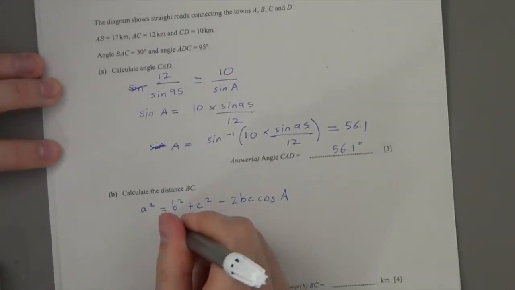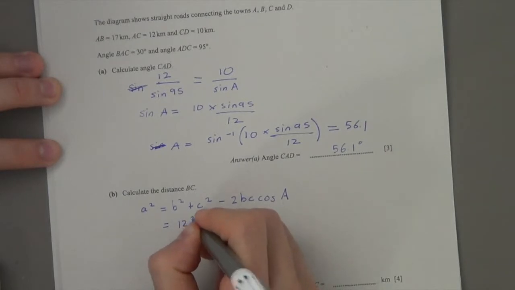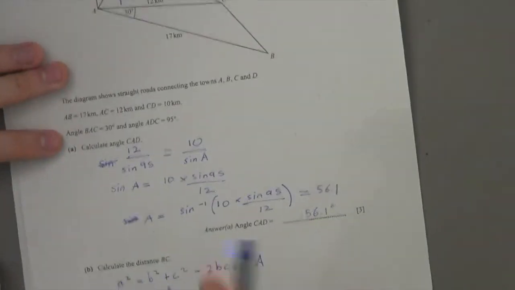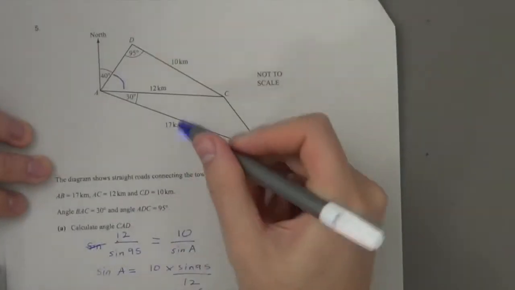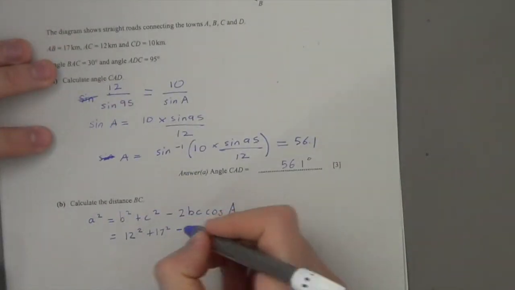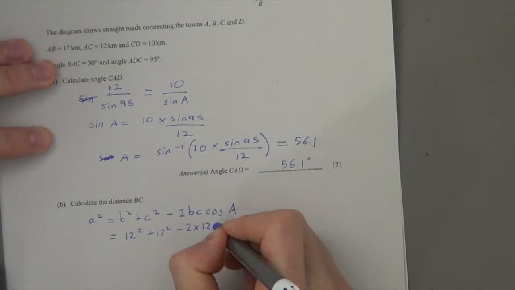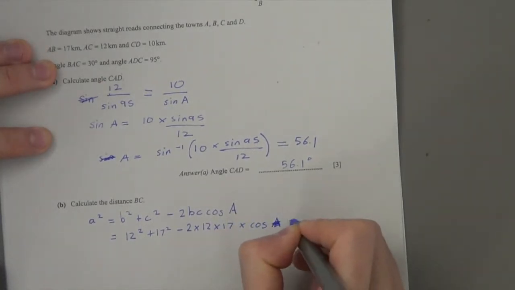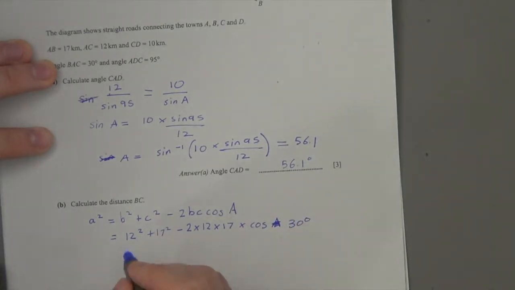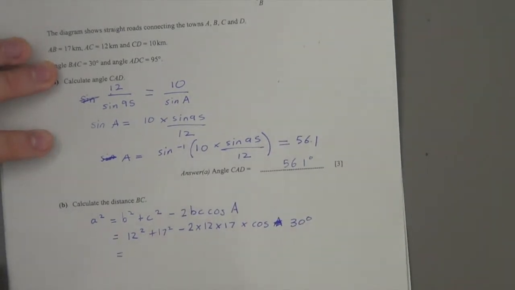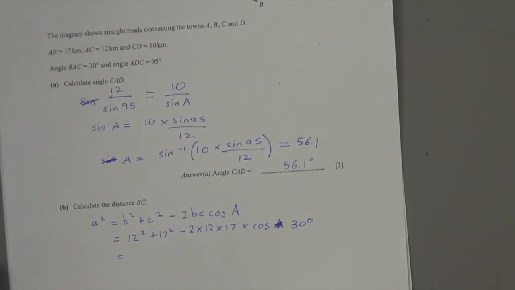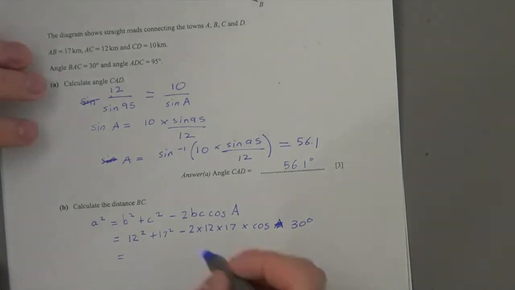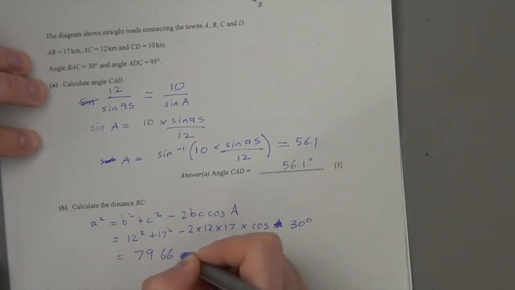Okay, so let's put in these numbers. I'm going to do 12 squared plus 17 squared, minus 2 times 12 times 17 times cosine 30 degrees, and that gives me 79.66.